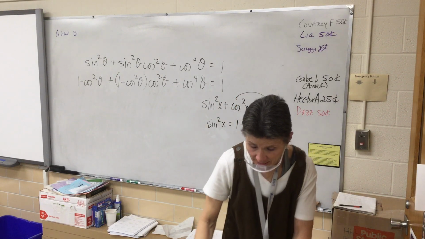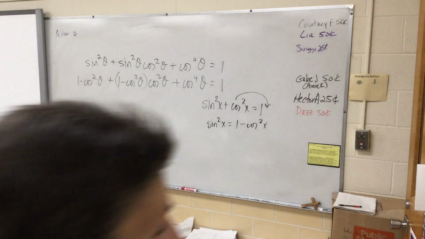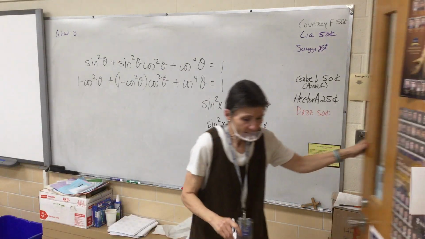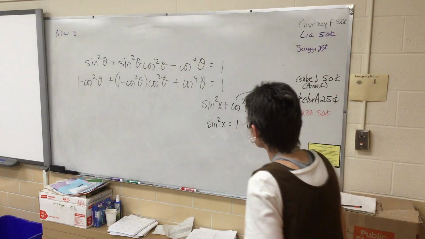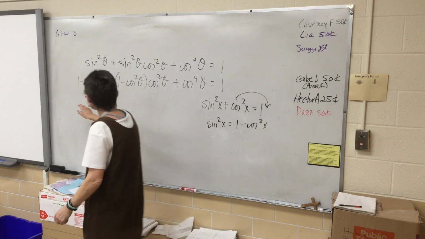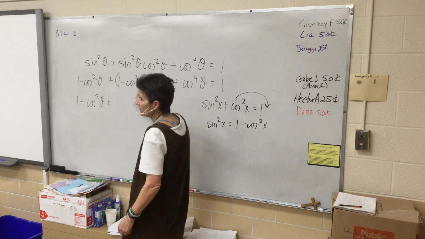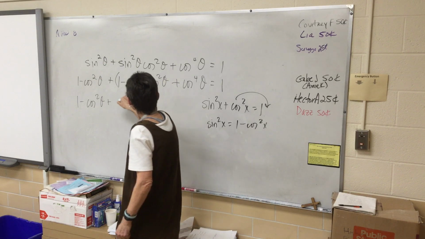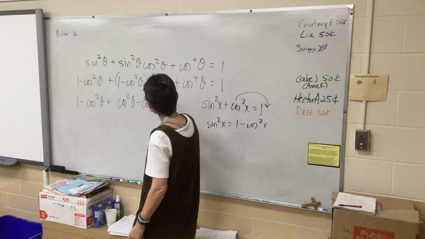Now, at least everything is cosines. I still can't cancel yet, but let's clean it up a little bit. See what we got. We got 1 minus cosine squared plus, this is going to be a distribute. So that'll be cosine squared minus cosine to the 4th when you distribute.